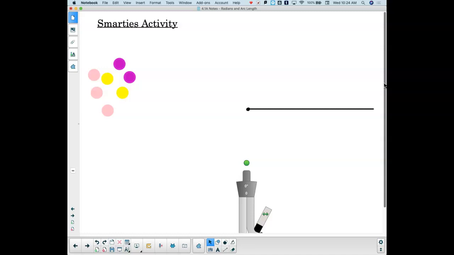Now you're going to take your Smarties. Don't eat them yet. You're going to open them up. This is where the tricky part comes in, because you can't eat them.